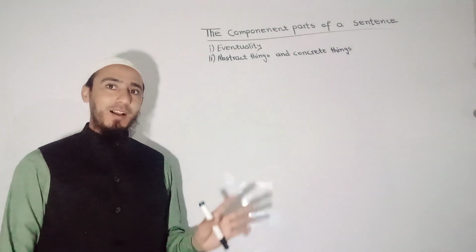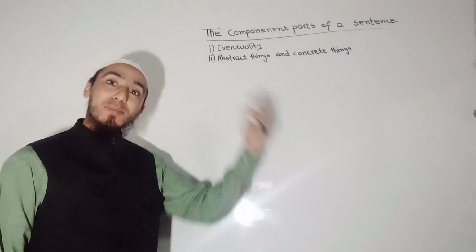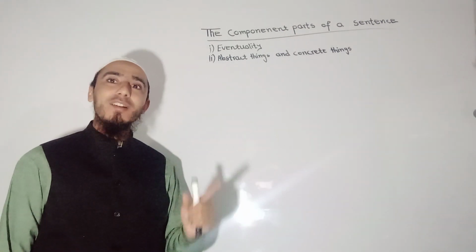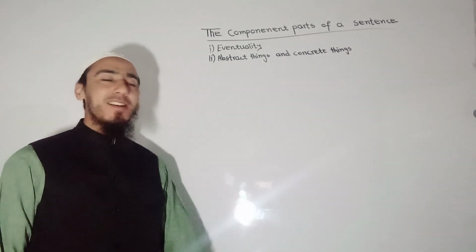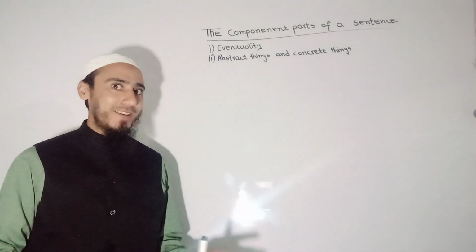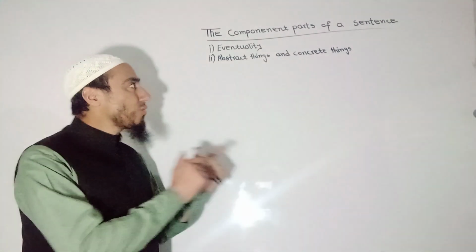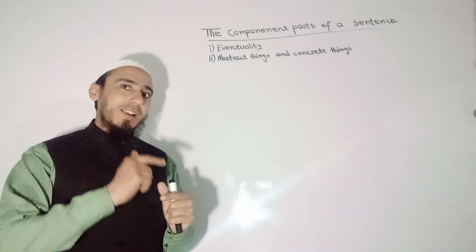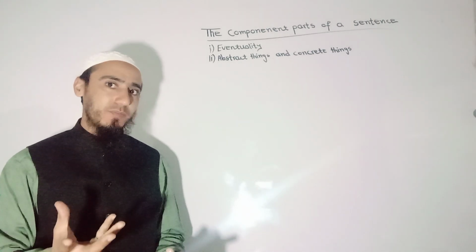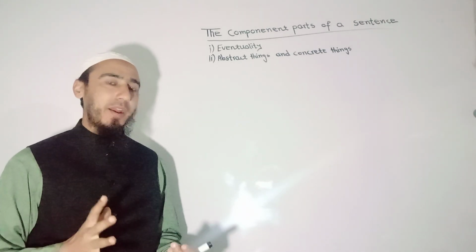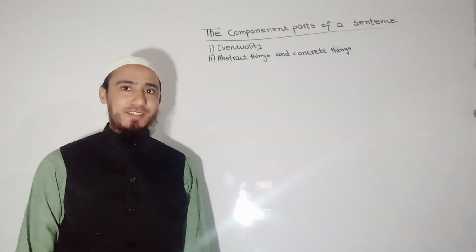Then inside the sentence, we also have some abstract things or concrete things. How is it so? Now, what we have in a sentence: verb represents event, verb represents action, verb represents state of affairs. Then what represents abstract things and concrete things in a sentence?